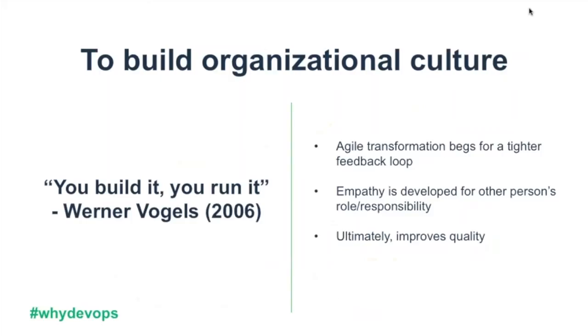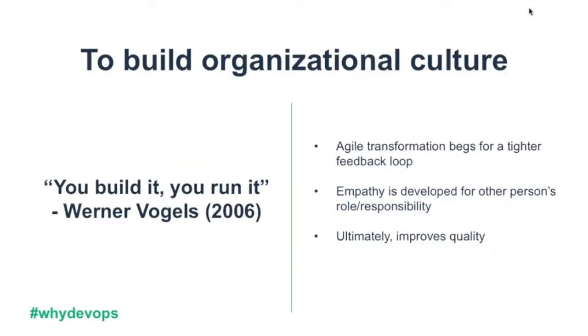And I go back to this quote that Werner Vogels had. It's crazy that it's almost been 10 years since he said it now, but that concept of you build it, you run it, and this still isn't ubiquitous by any means, which is crazy.